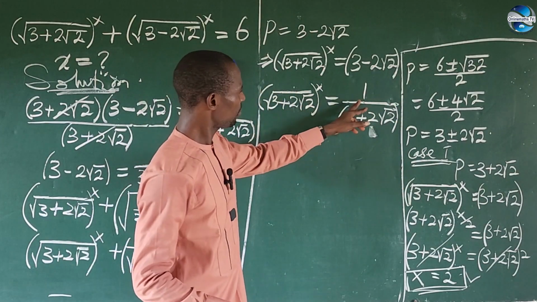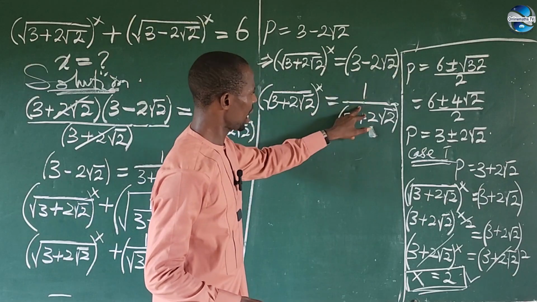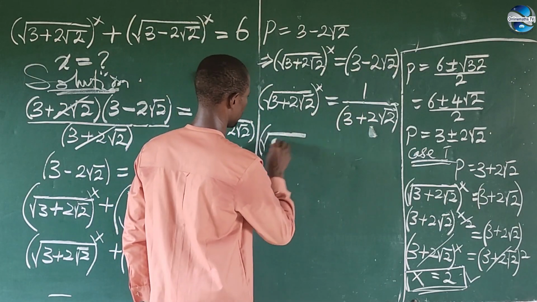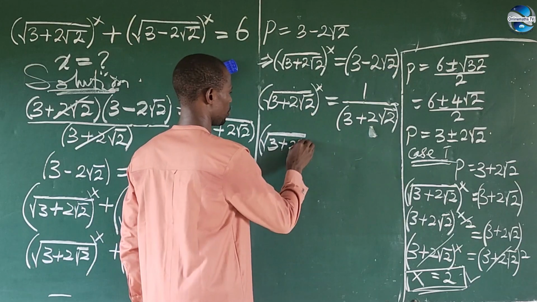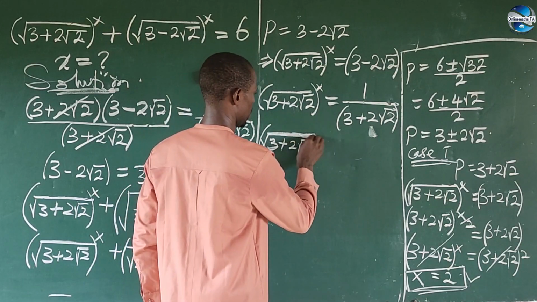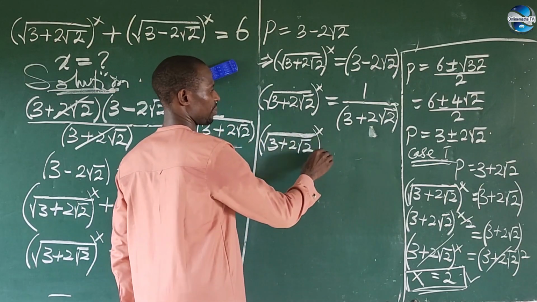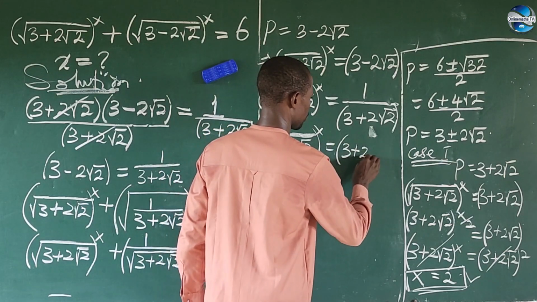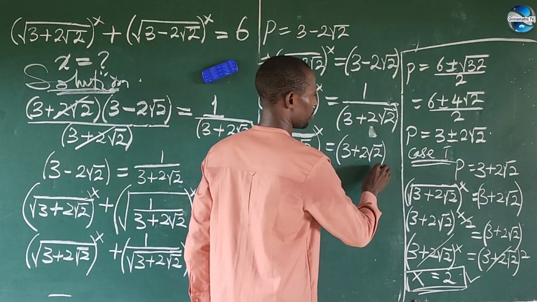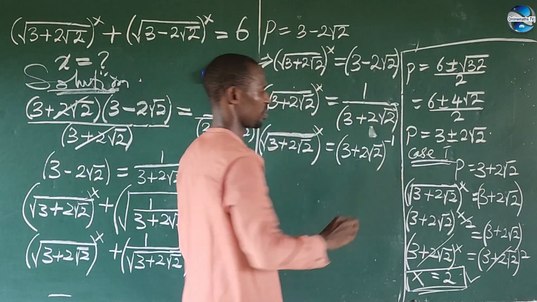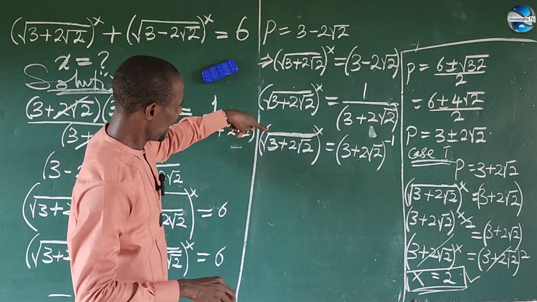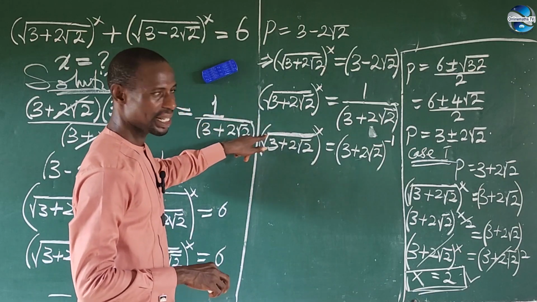We apply the law of indices by removing this 1 and this division sign. So this will now give us the square root of 3 plus 2 root 2, close bracket, to the power of x, is equal to bracket 3 plus 2 root 2 raised to the power minus 1. Easy.